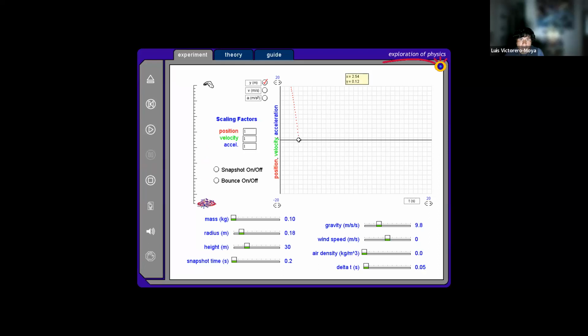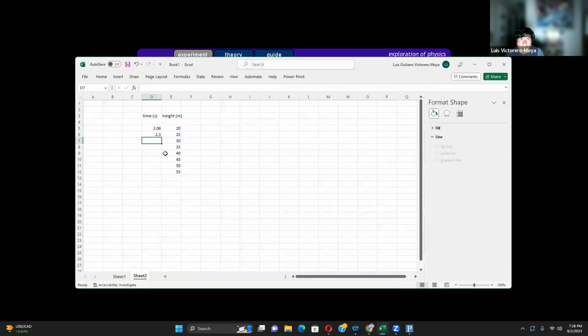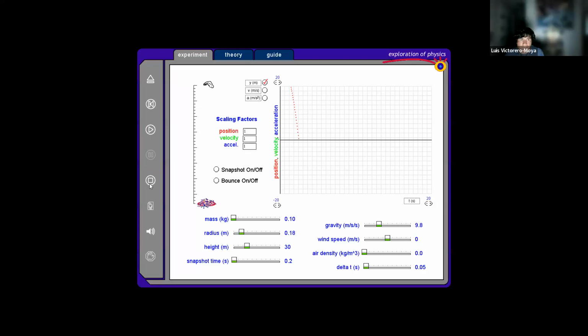2.50. Of course, it's taking more time. And then 2.70.